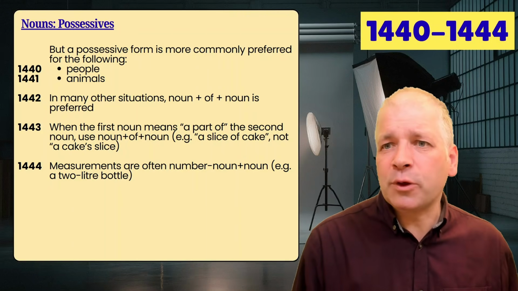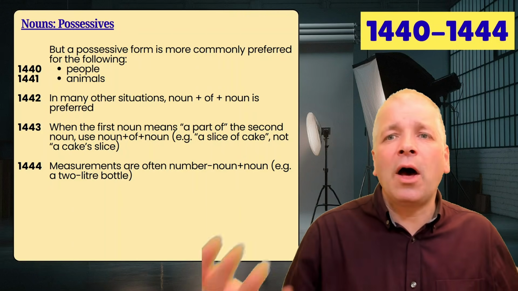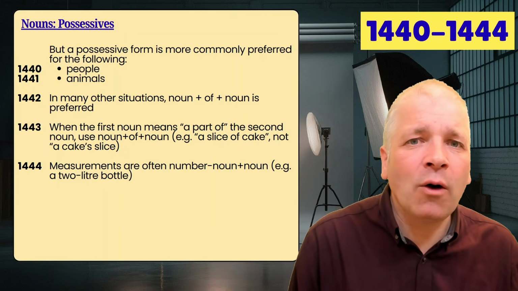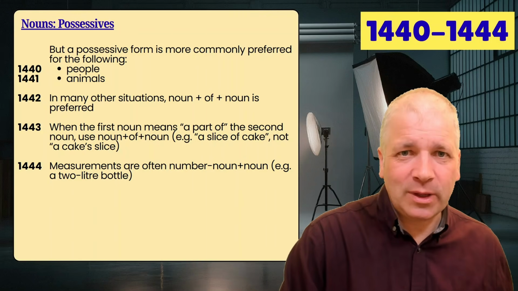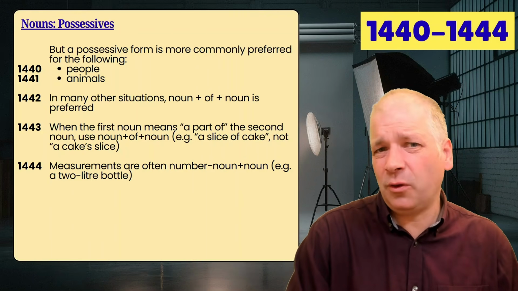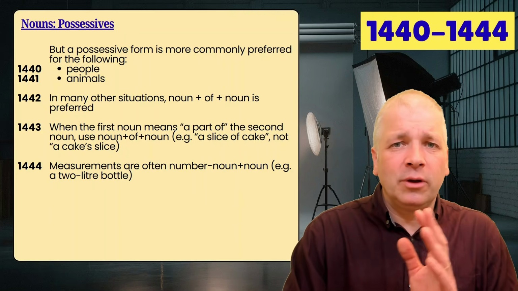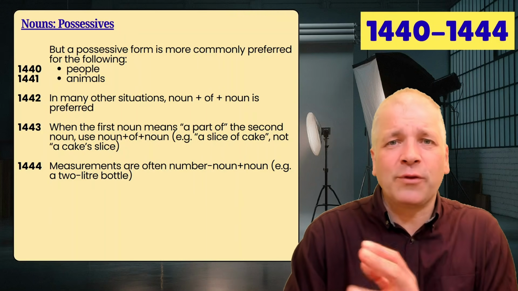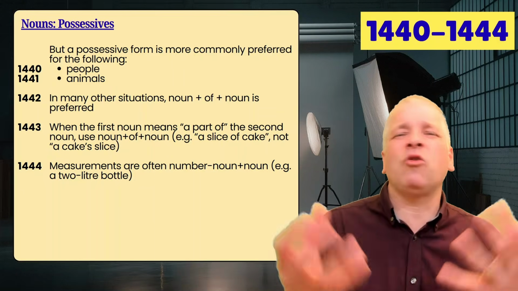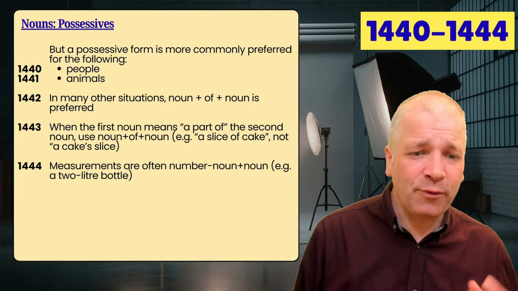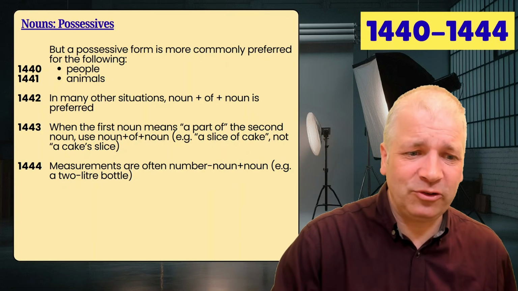So the story of the week, or the trophy of the competition. It's not the competition's trophy, because competition cannot really own anything, it's too abstract to own anything. So we prefer the noun of noun for this situation.